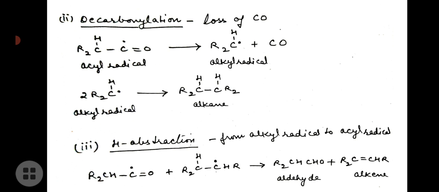Now let us discuss the third route. The third route is hydrogen abstraction from alkyl radical to acyl radical. Here you can see in the equation acyl radical plus alkyl radical. Hydrogen abstraction is taking place from alkyl radical to acyl radical, which leads to the formation of aldehyde and alkene.